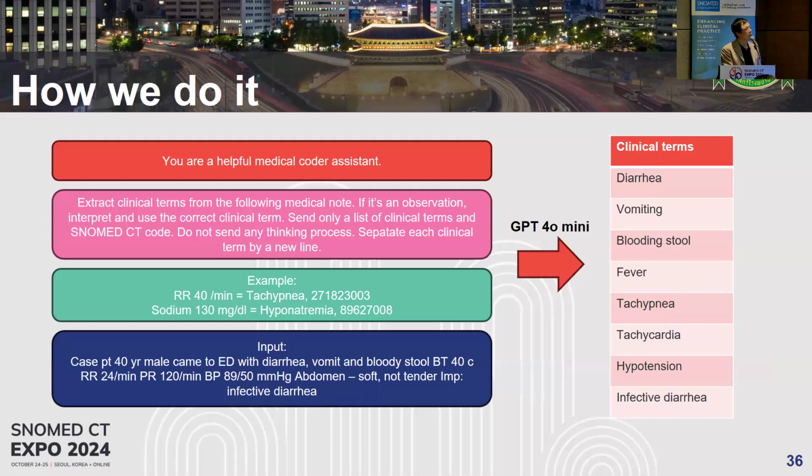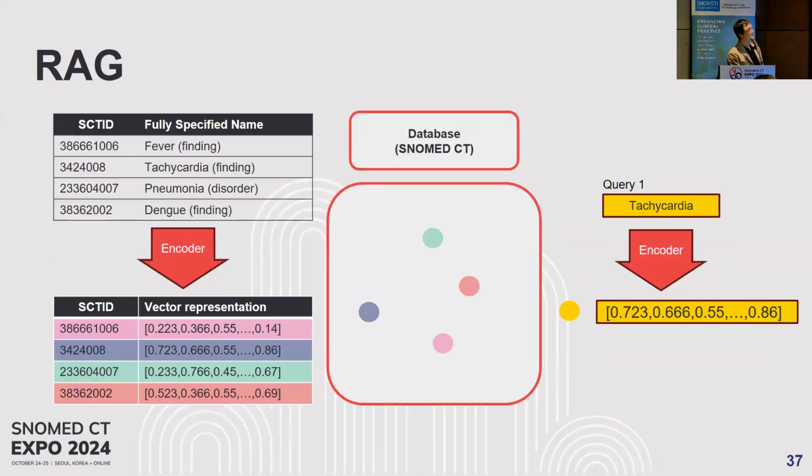We use the same prompt and extract clinical terms, and then we construct a database made from SNOMED CT, which on the left side has the SNOMED CT ID and the fully specified name. Then we use an encoder to construct the vector representation of the fully specified name and put it in the vector database.